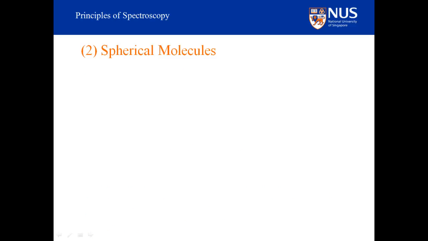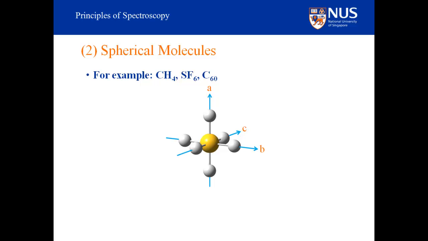How about spherical molecules? I'm not going to be discussing these very much, but what types are there? Well, we have methane, for instance, which is tetrahedral, sulfur hexafluoride, which is an octahedral molecule, and then we have a C60 molecule, the Buckminster fullerene, which has an icosahedral symmetry. These molecules have no permanent dipole moment and are not going to show a rotational spectrum.